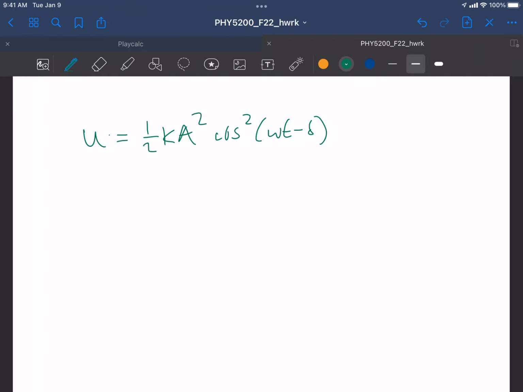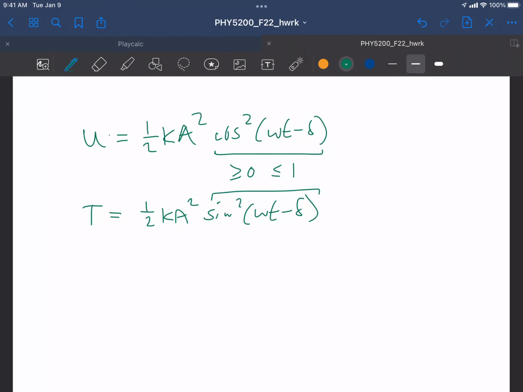All right, so this thing will always be greater than or equal to 0 and less than or equal to 1. And the kinetic energy we got was 1/2 k a squared sine squared of omega t minus delta, and likewise this thing will stay between 0 and 1. But because these are sines and cosines, when U is maximal, that means that T equals 0.